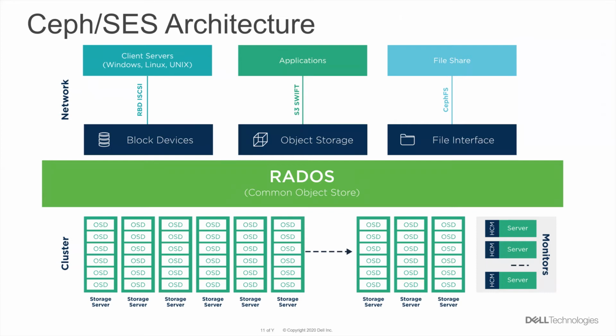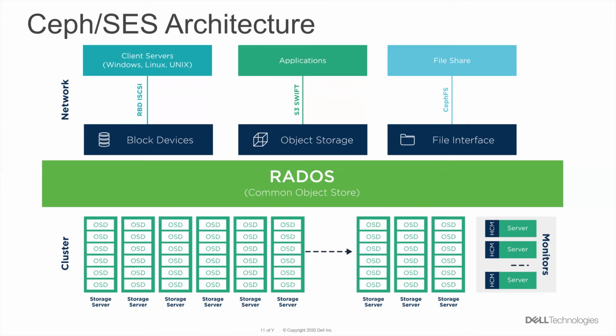So I want to take just a minute and make sure everyone's familiar with what Ceph is and how it works. We've talked about little pieces of it along the way, but this is the holistic picture. You start at the bottom. What you have are a number of servers that we call OSD nodes or storage servers with a bunch of storage devices, disk mechanisms, in them. Each device is assigned a daemon, a process on the Linux host.